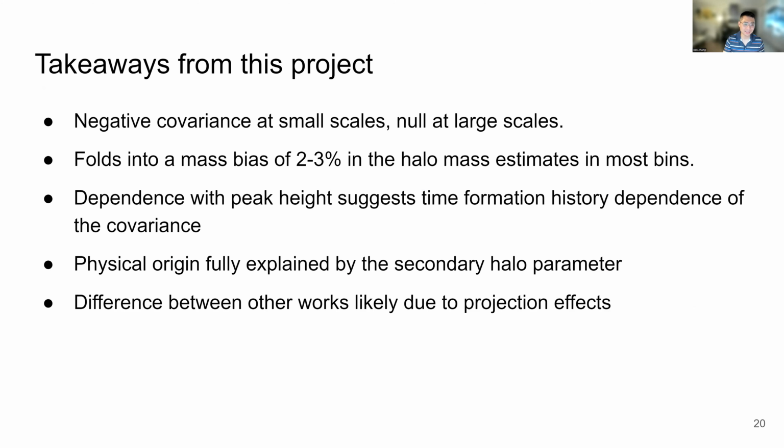We show by the dependence of the covariance on the peak height that it suggests there is a formation history origin of the size of the covariance. As to why the covariance is negative, we explain it by decomposing it into its dependence on secondary parameters, and we fully explain the physical origin of this negative covariance.